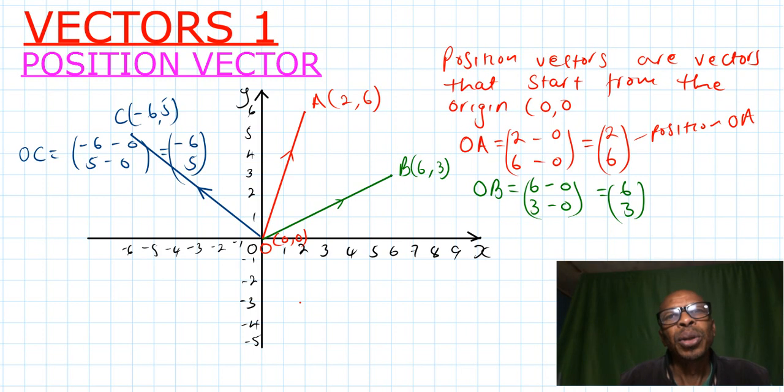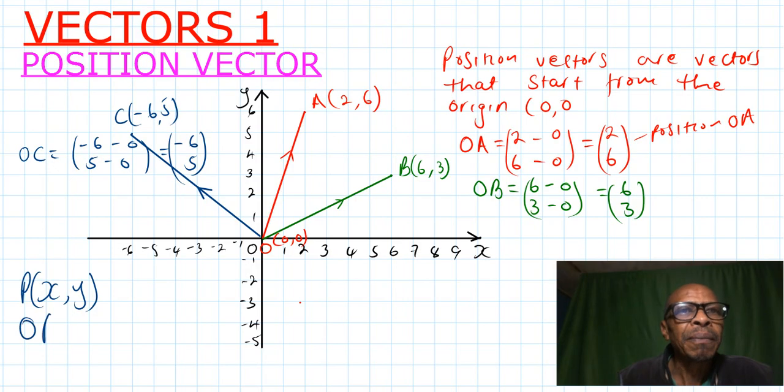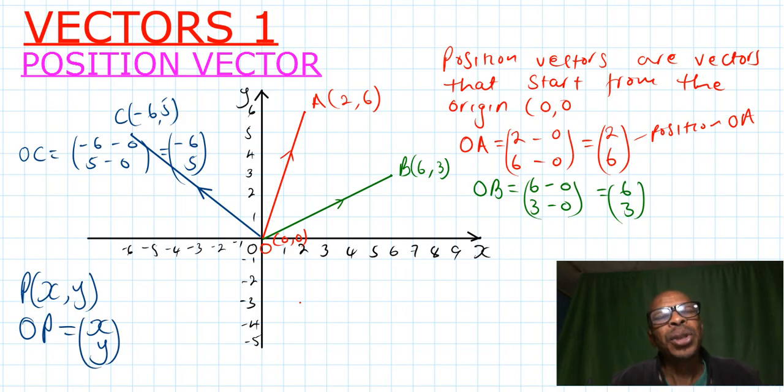The coordinates are minus 6, 5, and the column vector is minus 6, 5, in column form. So note that if you are given a point P with coordinates x and y, OP is equal to x and y. When you are given a point, the position vector of that point, you just write it in vertical form.